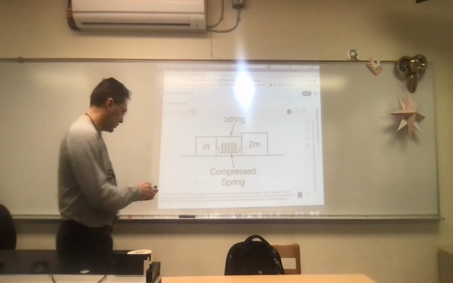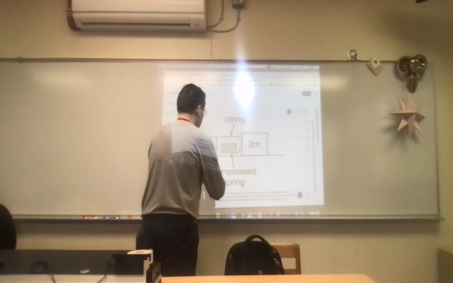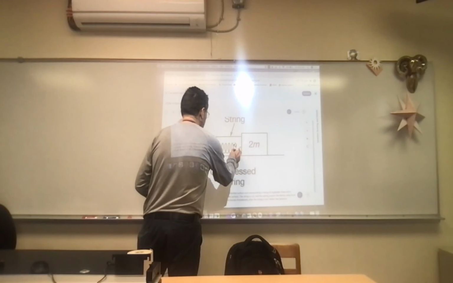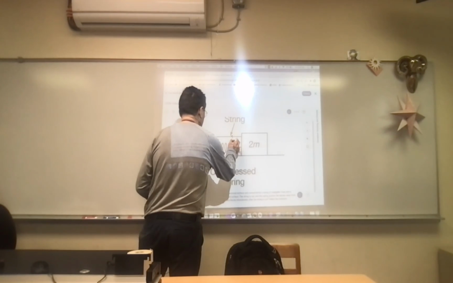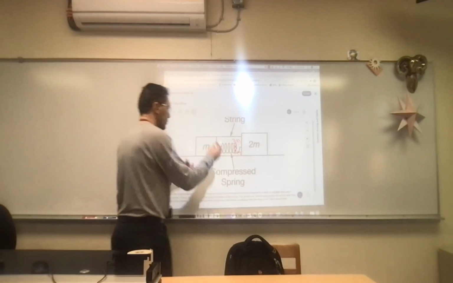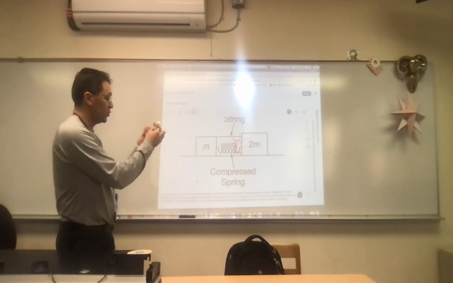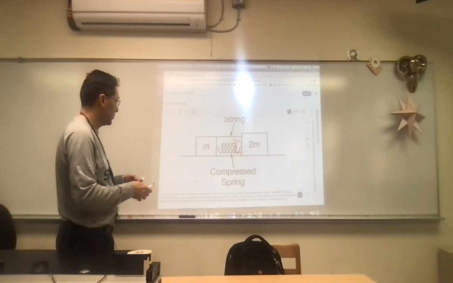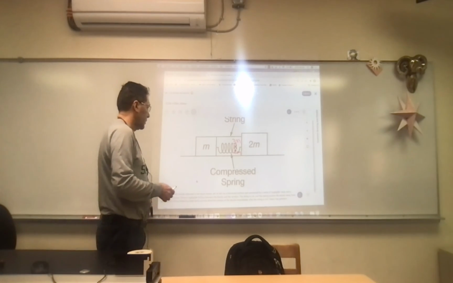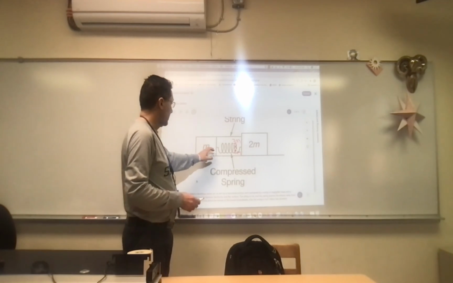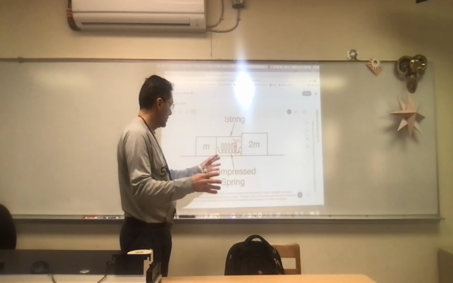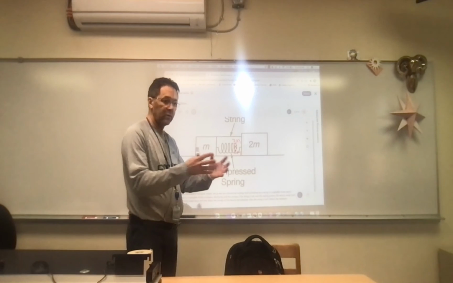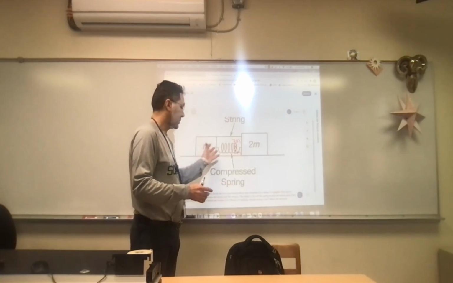Okay, so the center of mass is closer to 2m. So let's say that's the center of mass, and it has a mass of 3m. So in other words, I'm going to take those two and combine them into one. And they're telling us that the spring has negligible mass, so we can ignore the mass of the spring. Now, when the explosion happens, really there are no external forces acting on the whole system.